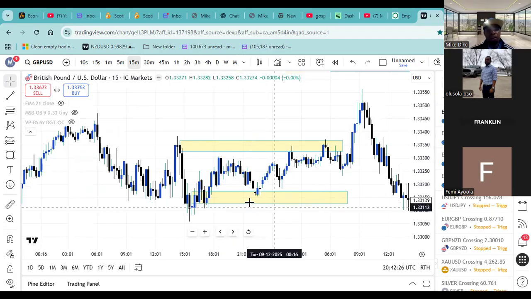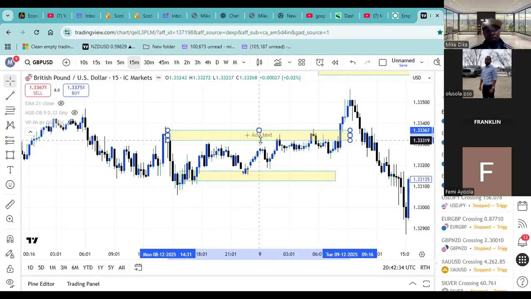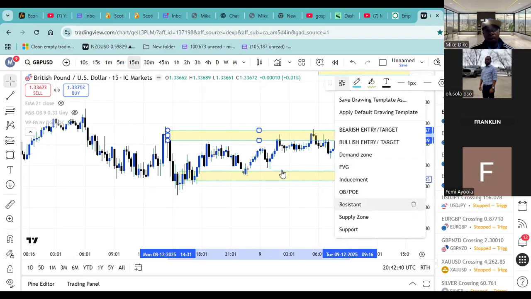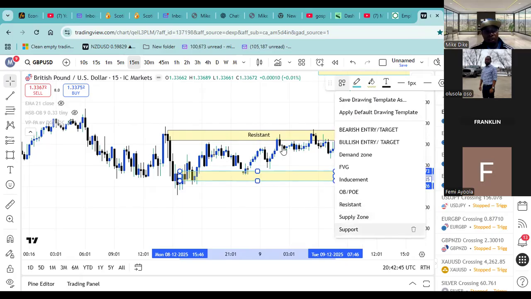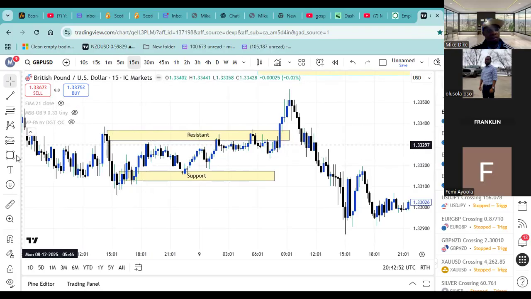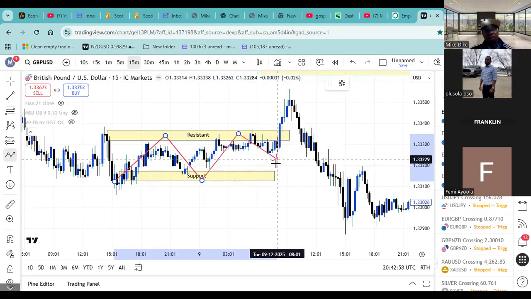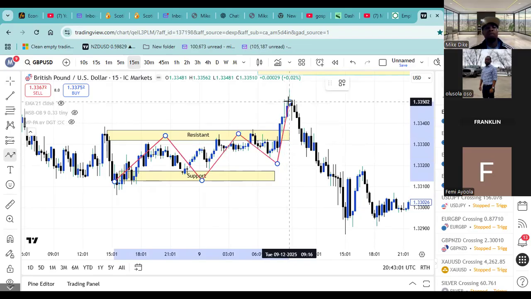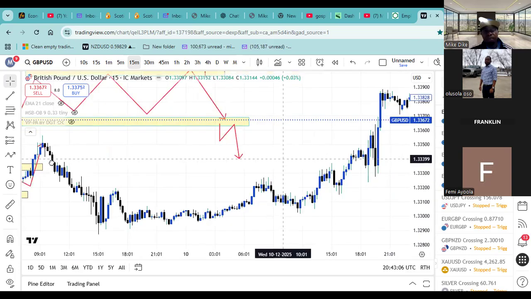Okay, so this one now is going to be a range on the 15 minutes time frame. You can call it resistance and support. It's not a perfect one, but I'm trying to use it as an example. If you spot this, it's ranging.